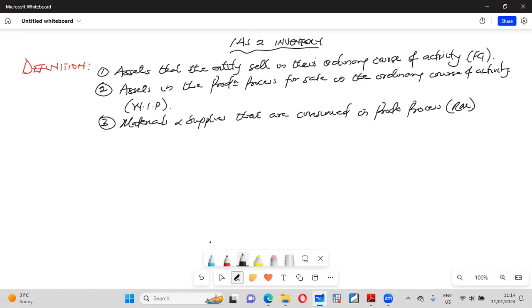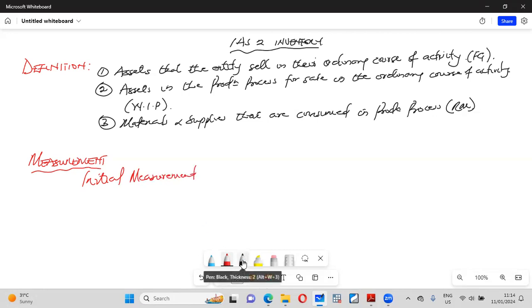Well, we are going to focus on how to measure the inventory. So we talk about measurement. As we always do, we look at the initial measurement, then later the subsequent measurement.